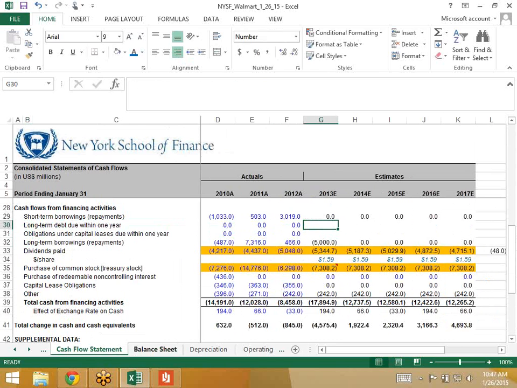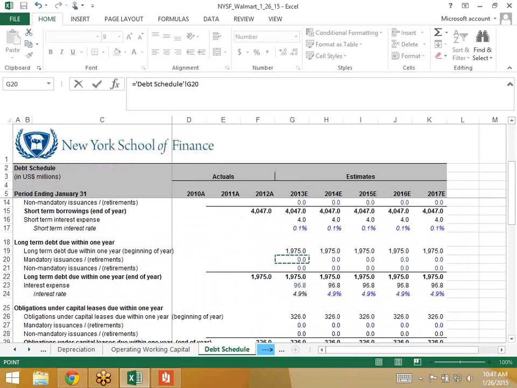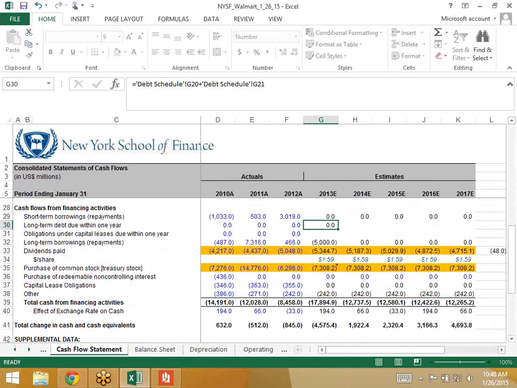So the long-term debt due within 1 year should be equal to, from the debt schedule, long-term debt due within 1 year, mandatory and non-mandatory. Copy that to the right.